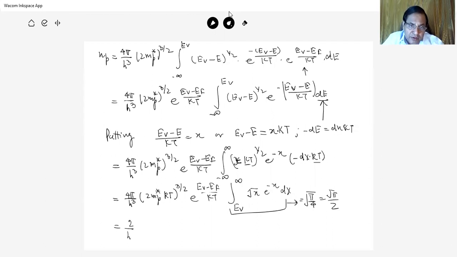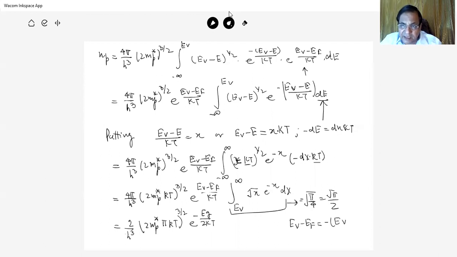So this 2 cancels and this pi, and here it is pi. So 2 upon h cube, 2 MP star, under root pi, KT to the power 3 by 2, e raised to the power minus Eg by 2 KT, from where this EV minus EF is equal to minus Eg by 2.